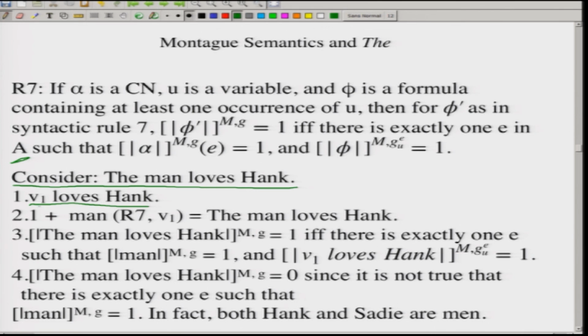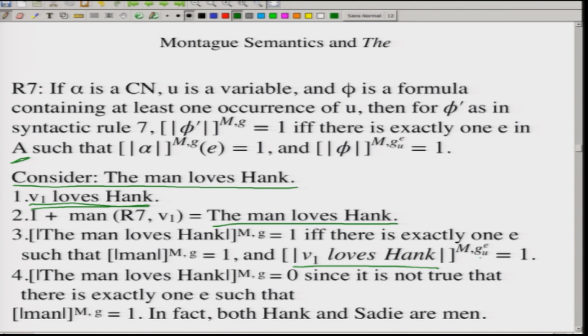We are starting here, that is v1 loves Hank, and then we just add man to that, and we apply R7, this rule, and we make the man loves Hank. It is true if and only if there is exactly one E such that E is a man and the value of v1 loves Hank is 1.